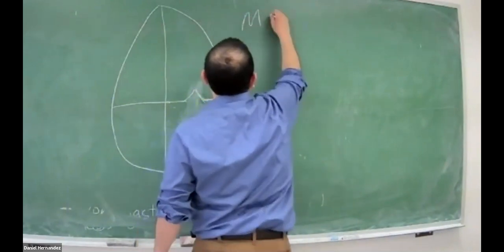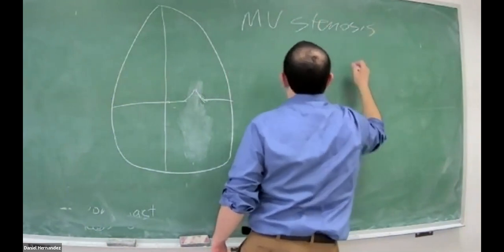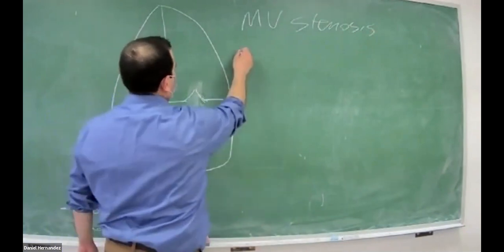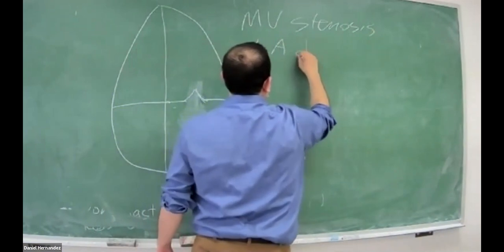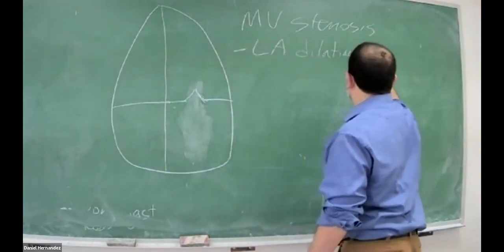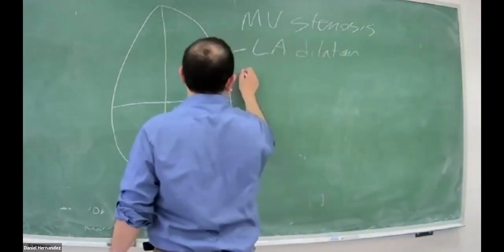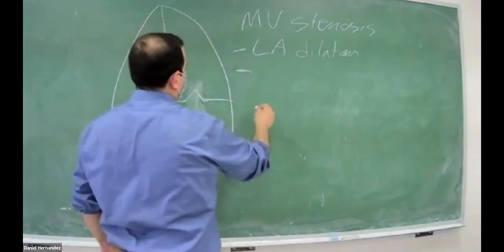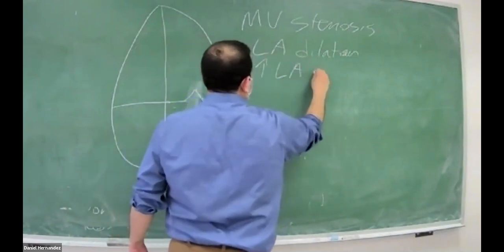So mitral valve stenosis. The heart's response for mitral valve stenosis is going to be left atrial dilatation, increased left atrial pressure.